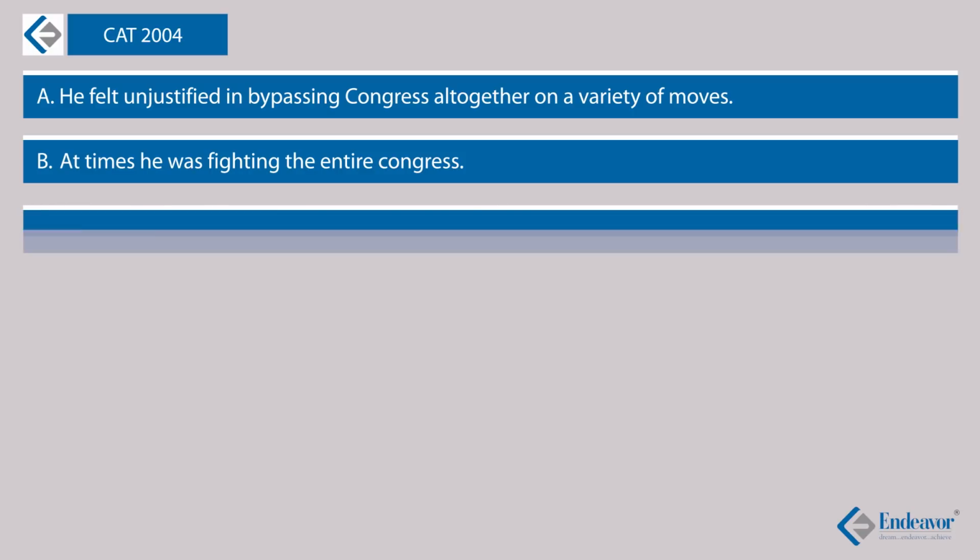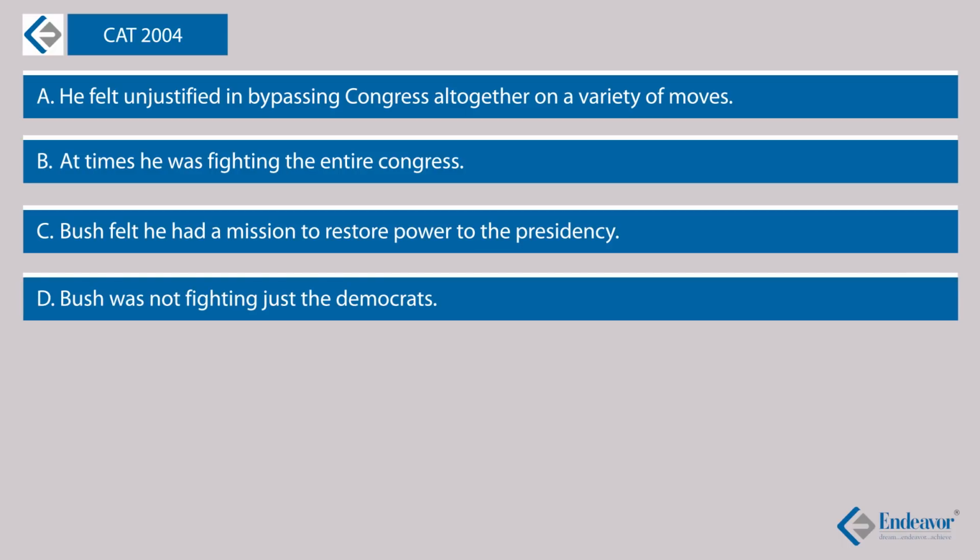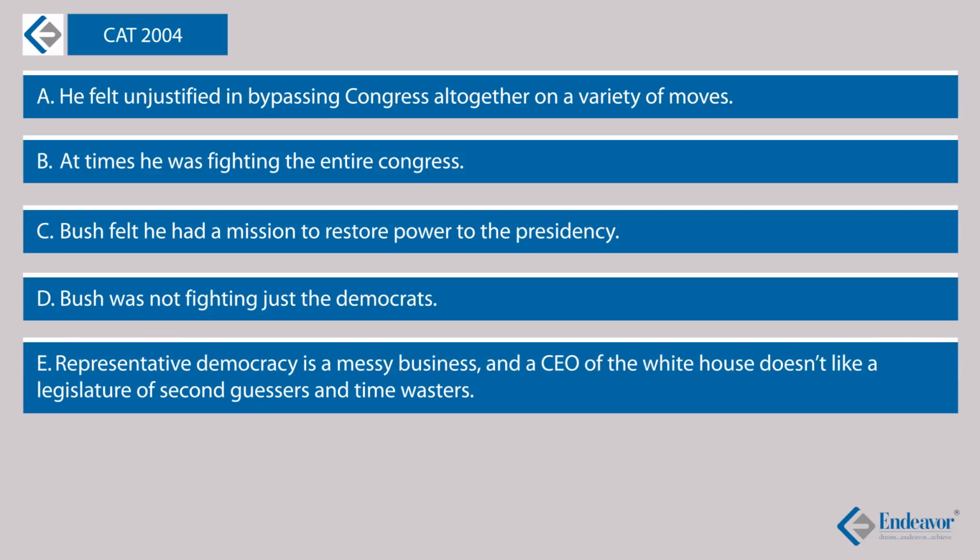Sentence C. Bush felt he had a mission to restore power to the presidency. Sentence D. Bush was not fighting just the Democrats. Sentence E. Representative democracy is a messy business and a CEO of the White House doesn't like a legislature of second guessers and time wasters.